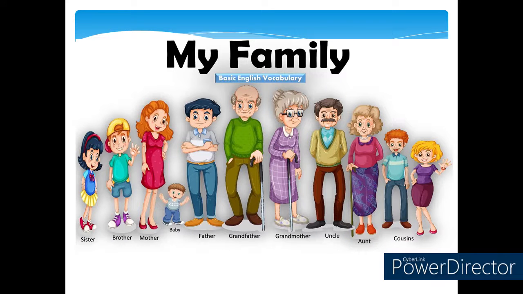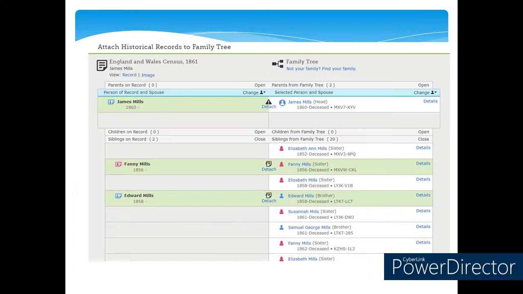A record hint is a document which has not yet been attached to this individual, for which not only does the vital information between the record and the person page seem to match, but also one or more additional individuals in the record seem to match the corresponding member of the family in Family Tree. Attaching that record hint can provide additional details about this person, family members, and sometimes identify new family members.